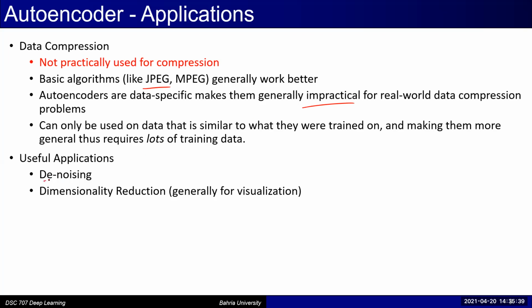One of these, which we'll see in detail, is denoising. Denoising means removing noise from an image. I'll give you more details on how this will work. And of course, it can also be used for reducing dimensionality. If you have high dimensional data, you may want to bring it to a lower dimension, like PCA, for visualization purposes. So you can use an autoencoder as well.